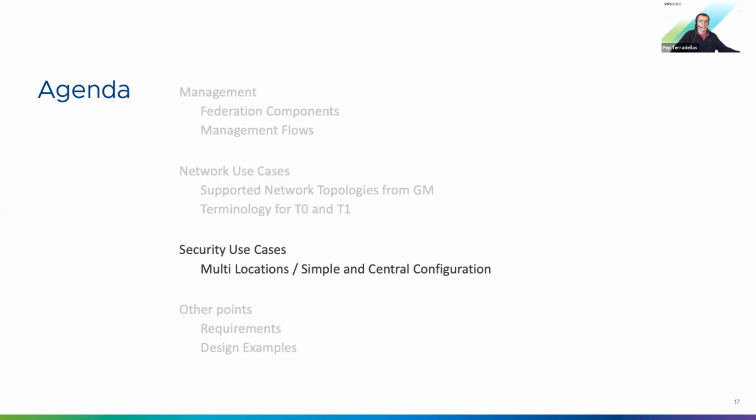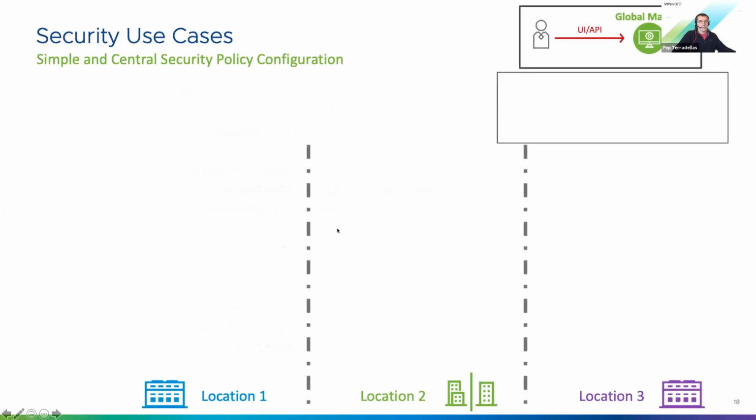So thanks, Bassem. In the following section, we'll review the security use cases. It's very simple, but at the same time very powerful, because you have the ability to configure everything from the Global Manager, as you've seen with Bassem's lab, and the workloads are able to move between locations, keeping the security in place.